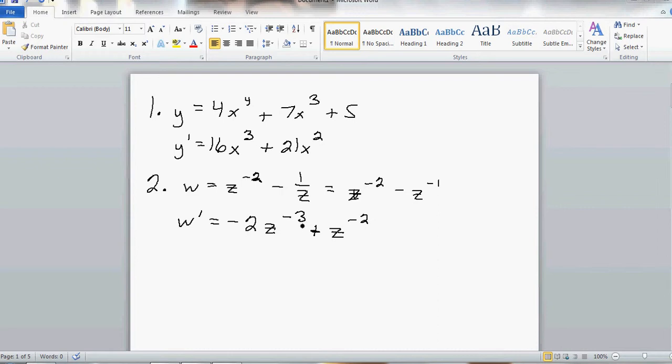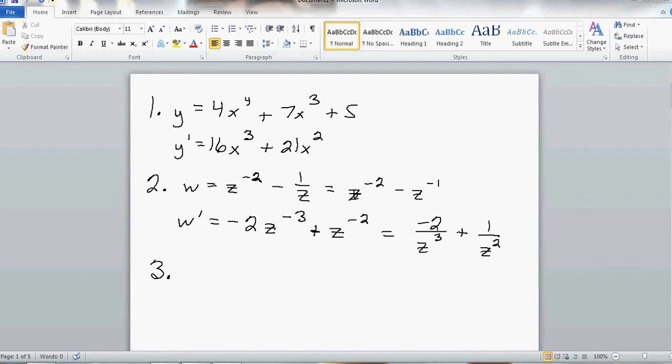Now we don't like the negative exponents, so we're going to rewrite them in their other form. So that's going to become negative 2 over z cubed plus 1 over z squared. And that is the final answer for number 2.